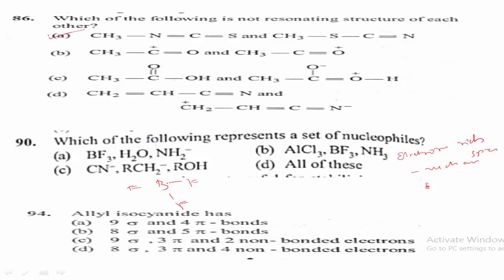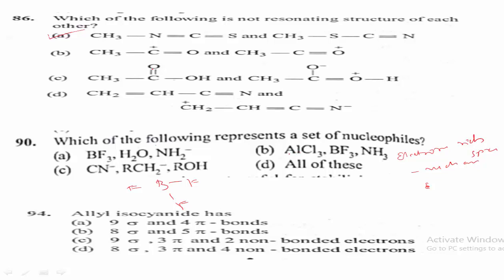Therefore it is electron deficient or electron poor. Similarly in AlCl3, it contains 6 electrons. To get octet configuration, it requires another 2 electrons. Therefore, it is also an electron poor center.